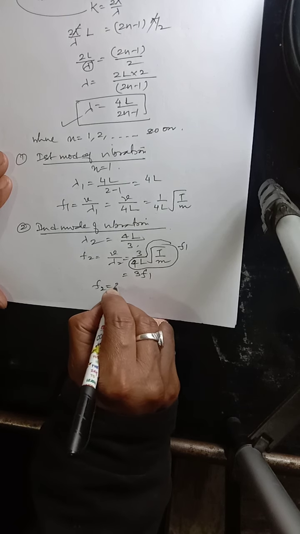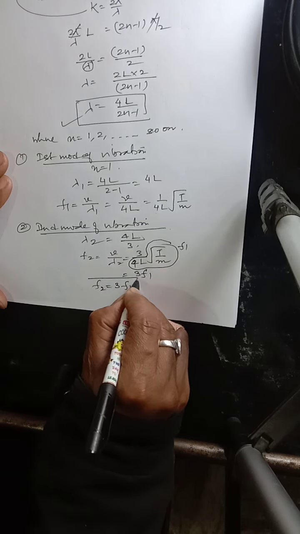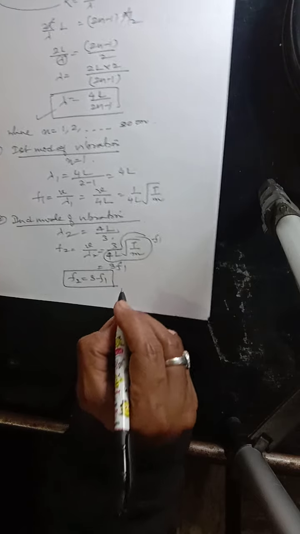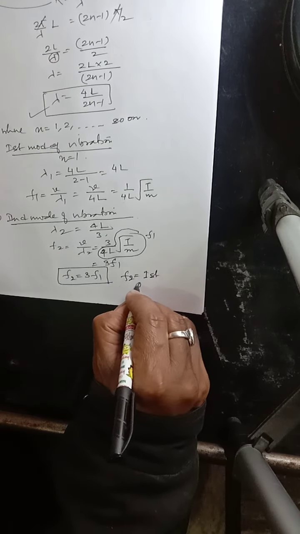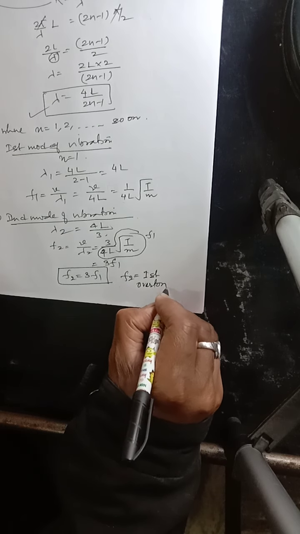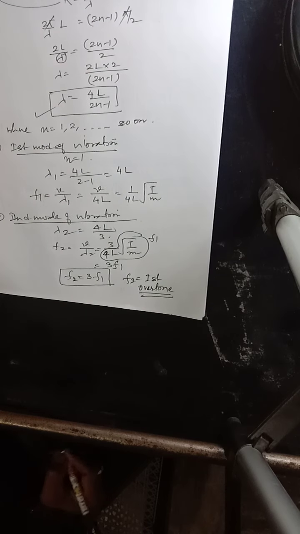So f2 is equal to 3f1. f2 is what? That is the first overtone. This is the first overtone.